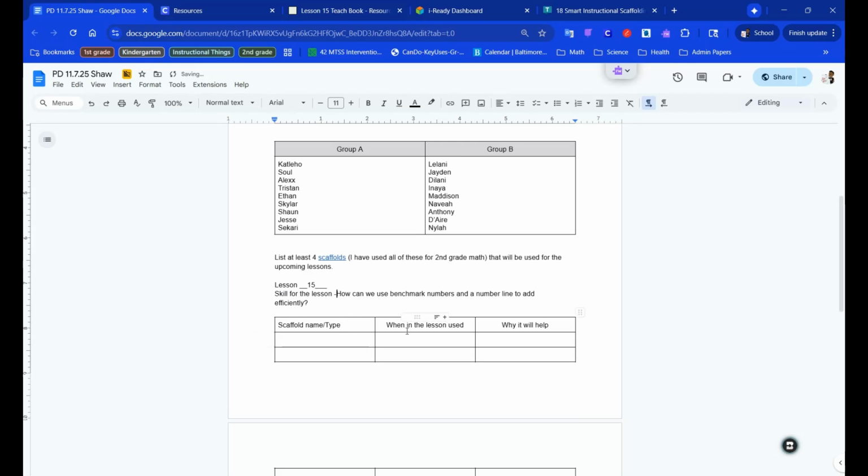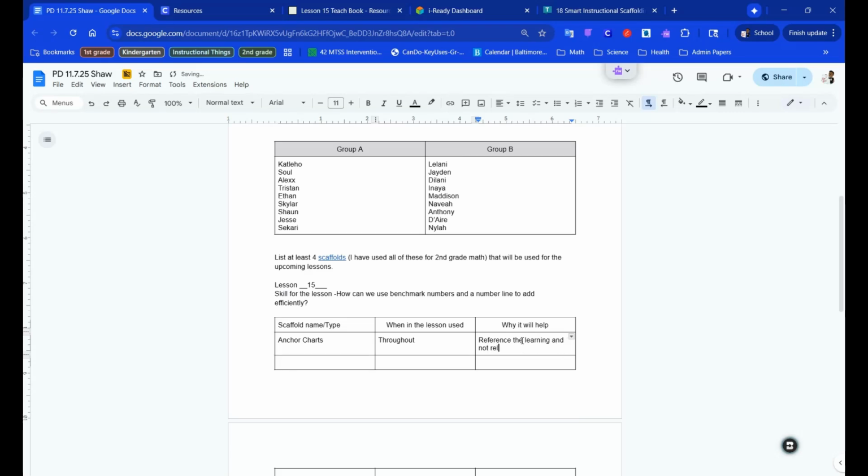So what I'm going to do is anchor charts. If every student has an anchor chart that I'm using throughout, that they can use, that will help them reference the learning and not rely on memory.